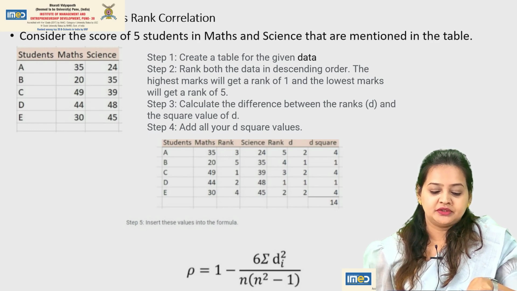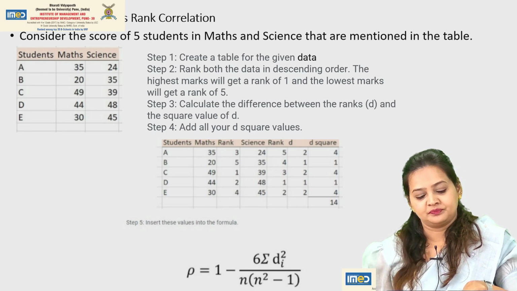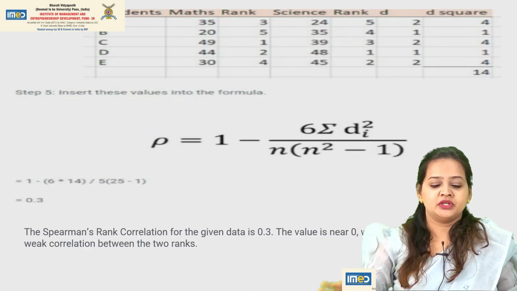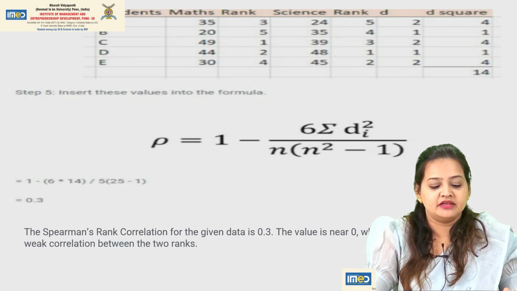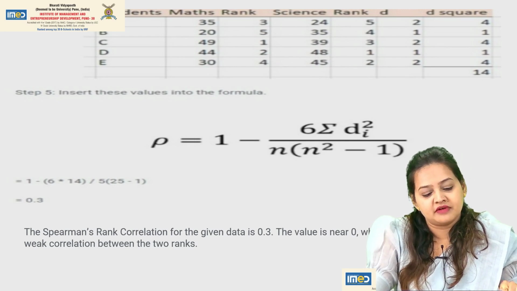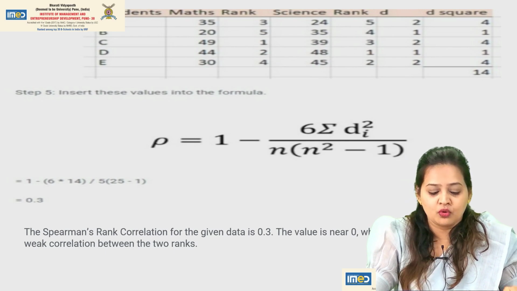So 5 into n square, that is 5 into 25, minus 1. After putting the values, we have 6 into 14 divided by 5 into 25 minus 1, and 0.3 is the value that you get for the Spearman's rank correlation coefficient rho.